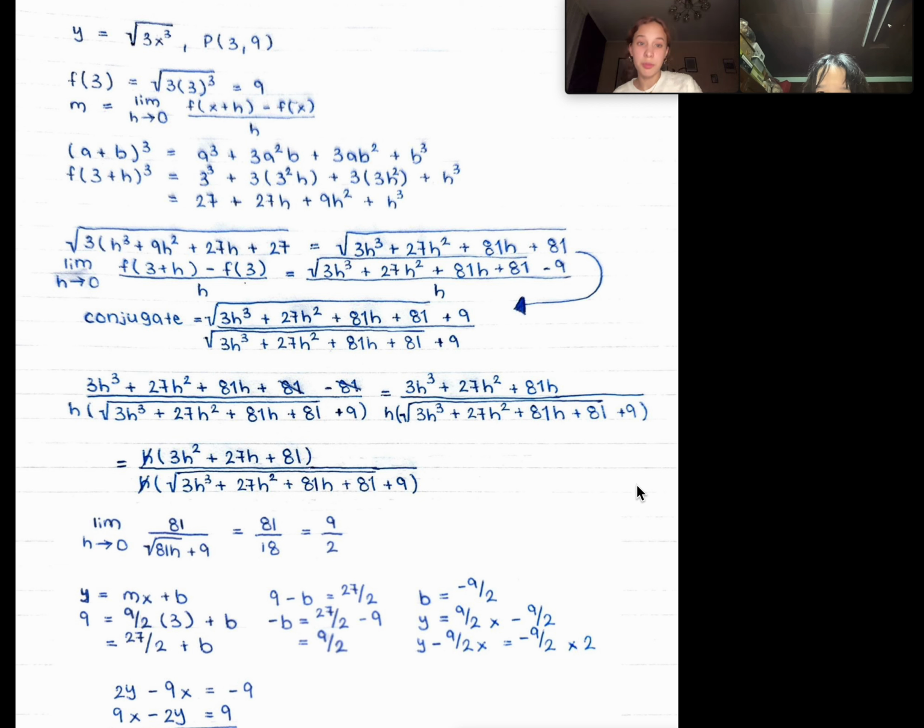And in the denominator, we can see that we multiply the bracket by h. Why did we do this? Because if we multiply each part by h, it will be really hard to understand at the last part where h is and how we can cross it out and get rid of it.